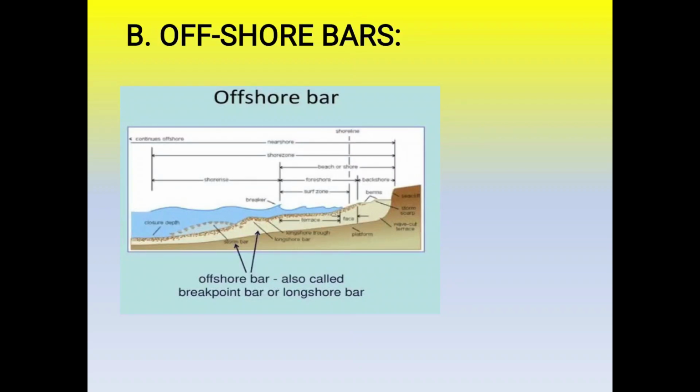Scouring action generally leads to the formation of offshore bars because the large waves break before they reach the coastline. Gradually, the mound of deposition becomes larger and rises well above the sea level.